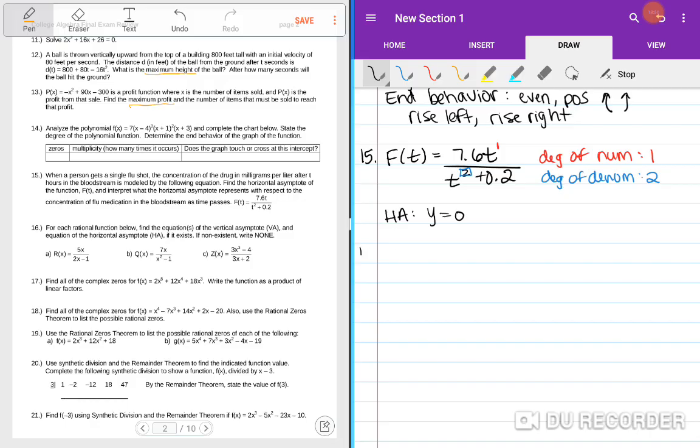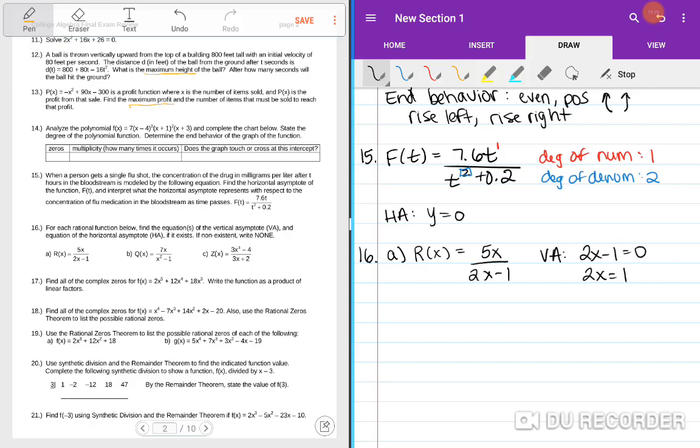Okay, number 16. For each rational function below, find the equation or equations of the vertical asymptote and the equation of the horizontal asymptote if it exists, and if non-existent, write none. So for part A, r of x equals 5x over 2x minus 1. For the vertical asymptote, you set your denominator equal to 0 and solve.